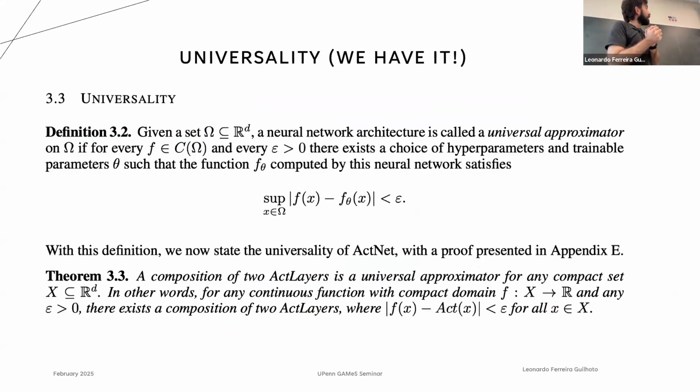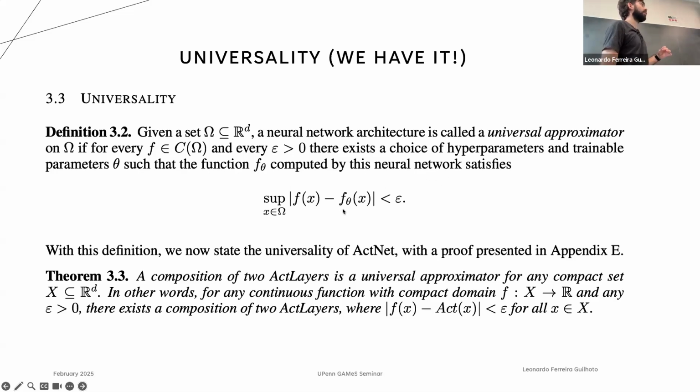One big advantage of this, which is based on the Laczkovich version of the KST, is that we actually get universality. What do I mean by universality? If we have a given set omega in Rd, a neural network architecture is called a universal approximator on that set if for every continuous function and every epsilon greater than 0, there exists some choice of hyperparameters and trainable parameters, theta, such that the function f theta computed by this neural network architecture satisfies this.